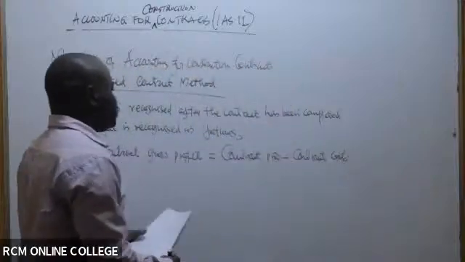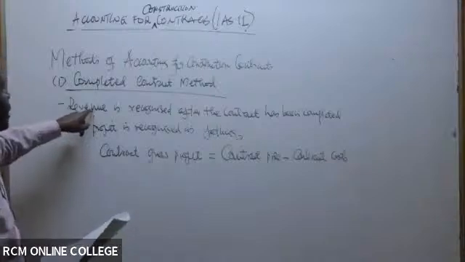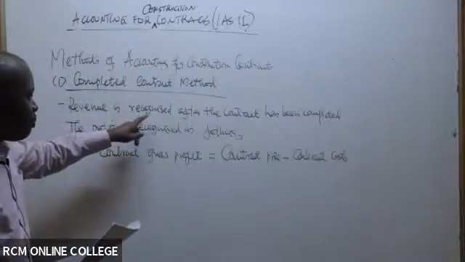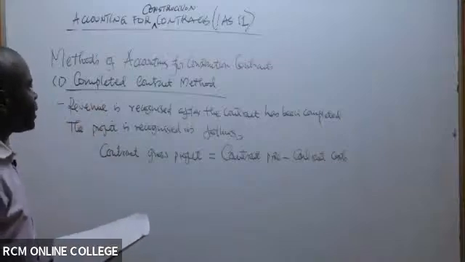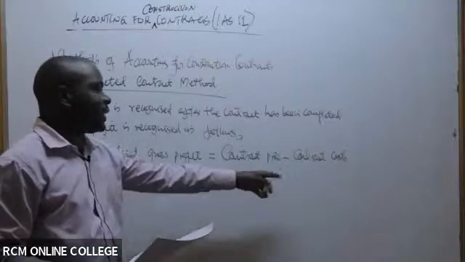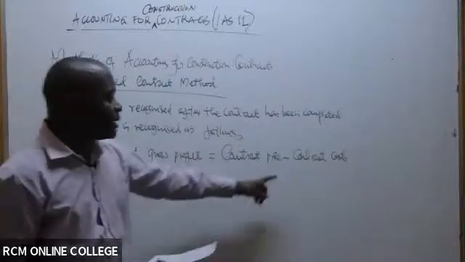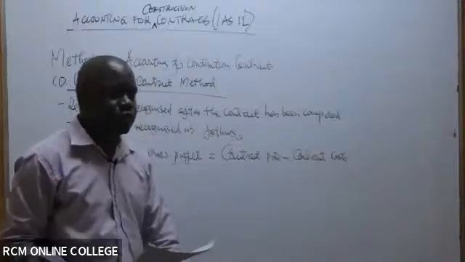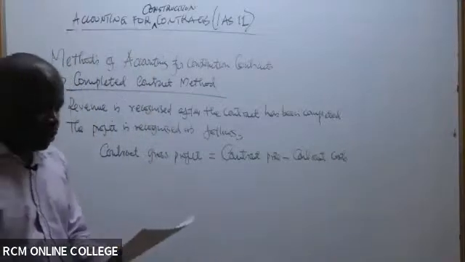So what you'll be receiving as revenue, because only after it has been completed will you be able to receive revenue and recognize it. Of course, in this case, the revenue here will be what you had charged as the price, contract price. So you will be paid as revenue, but you minus those costs you had incurred as a contractor for you to know what could be your gross profit.